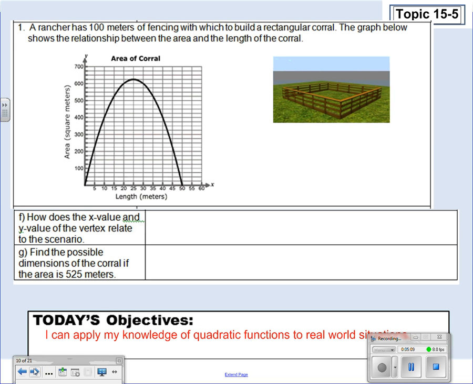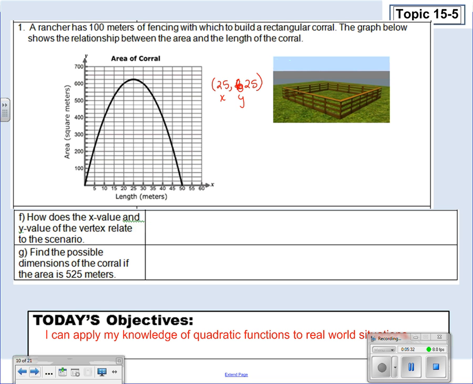So how does the x value and the y value of the vertex relate to this scenario? Previously, I changed pictures, so I'm going to write it up here. Our vertex was 25, 625, but our x-coordinate represents the meters or length, and the y-coordinate represents the area.